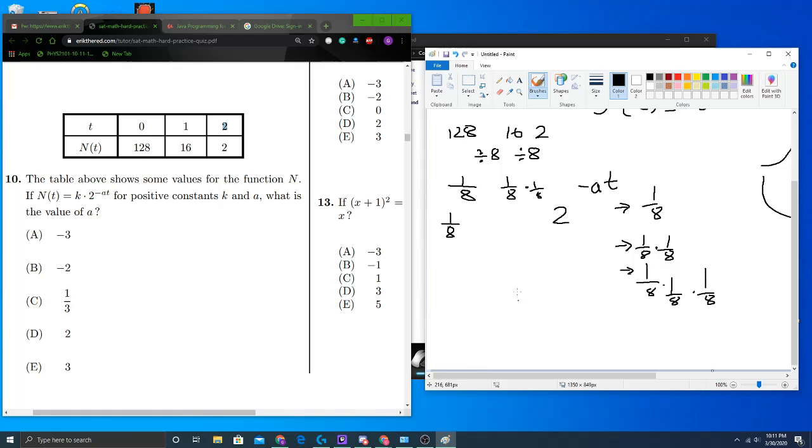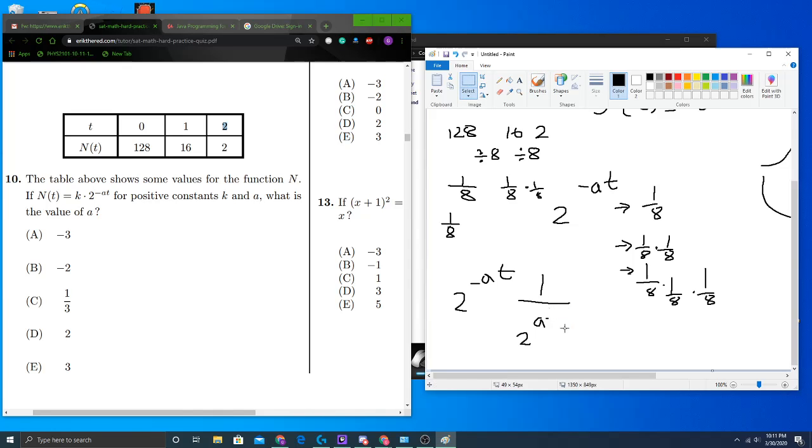So that means 2 to the negative a, and we could rewrite this as 1 over 2 to the a. When you have a negative exponent, you make it positive, but bring it down to the denominator.